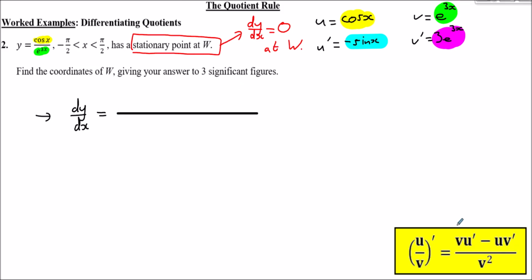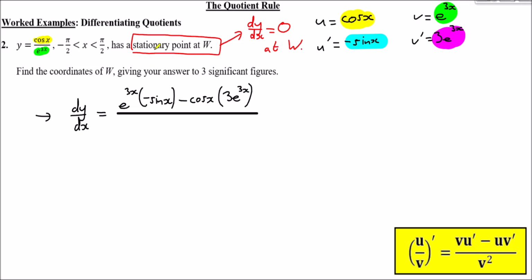So v is e to the 3x, so I'm going to have e to the 3x multiplied by u dashed, which is minus sine x, minus the function u, which is cos x, multiplied by v dashed, which is 3e to the 3x.